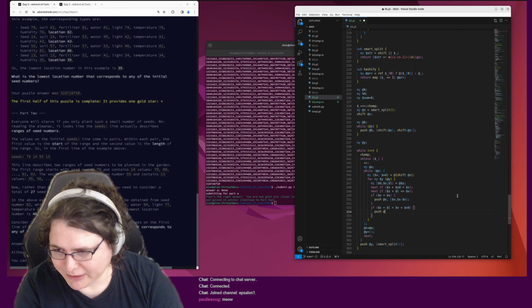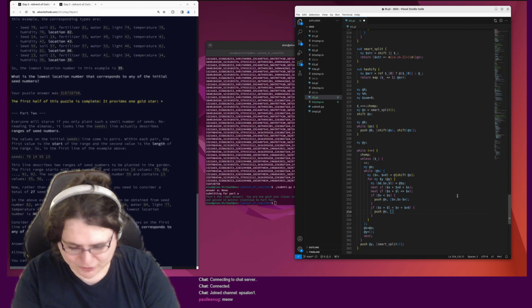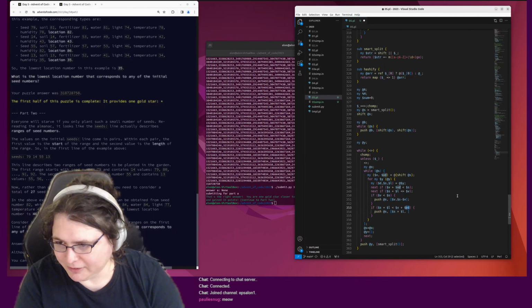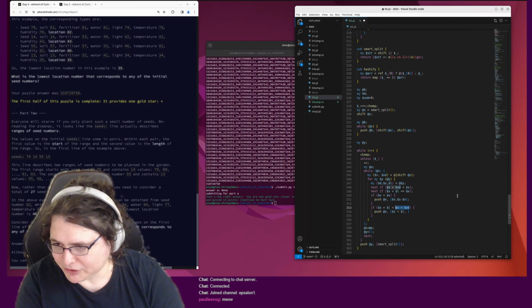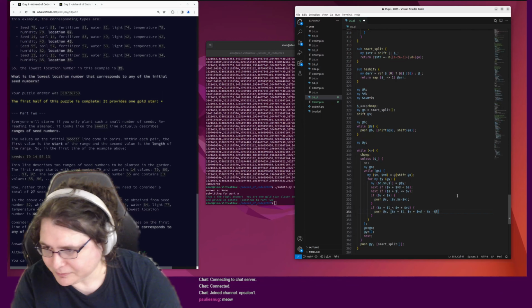Then push s, then I have an unused section that starts at s plus l, and the length is the difference between them, which is v plus vd minus s minus l.